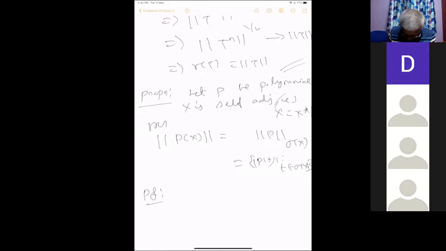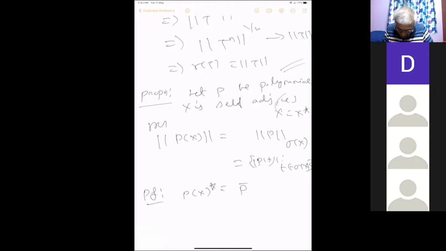So x is self-adjoint. P of x is a polynomial, and it can have complex coefficients, but x is self-adjoint. What is p of x? You have a polynomial where, instead of the variable x, you substitute this capital X, this operator.